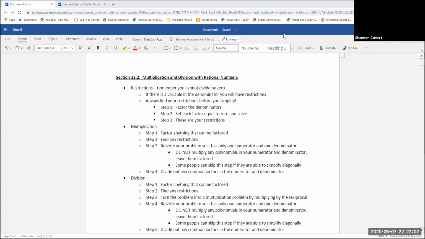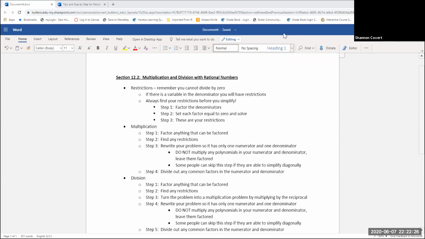Step 4, you're going to rewrite your problem so it has only one numerator and one denominator. Again, do not multiply any polynomials in your numerator and denominator. Leave them factored. You don't want to multiply it back out so you have x squared plus 3x plus 12. Leave them in factored form. If you are able to simplify diagonally, this is a step you can avoid.